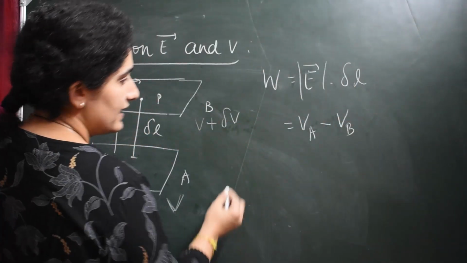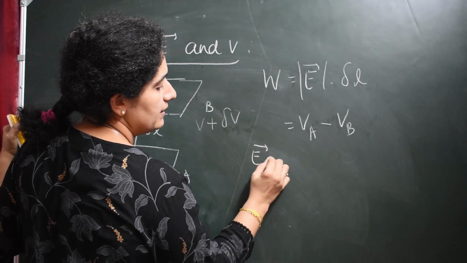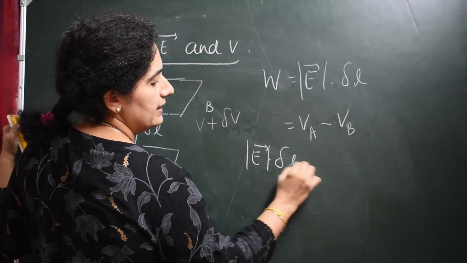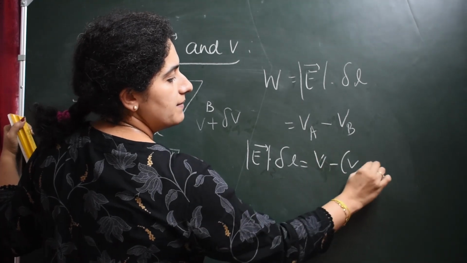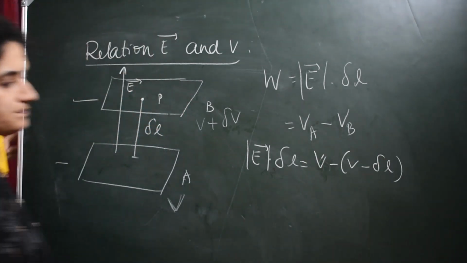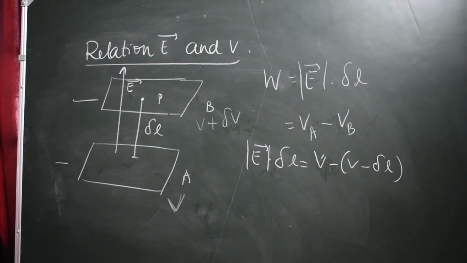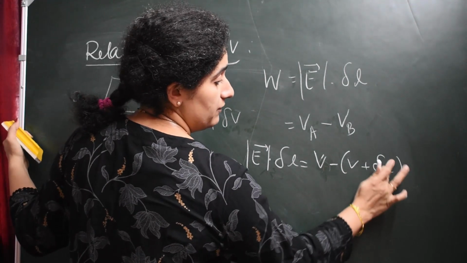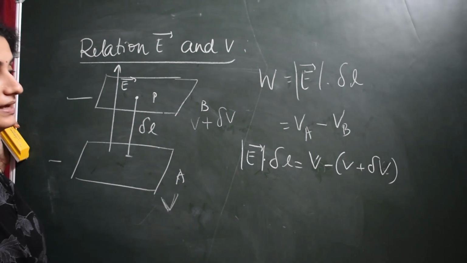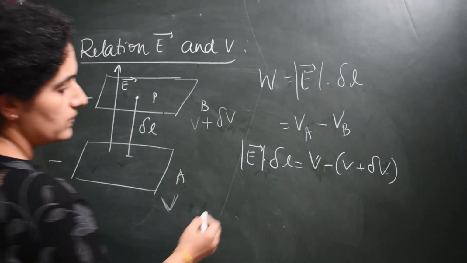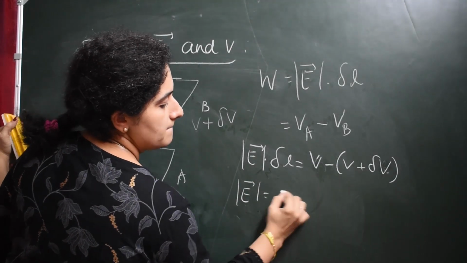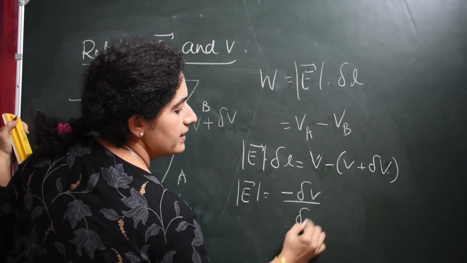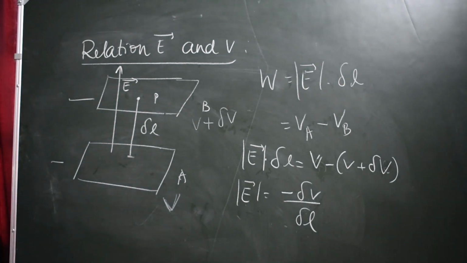So we will get E dot delta L is equal to V minus, sorry, V plus delta V. So this E will be equal to minus delta V divided by delta L. This is the relation between electric field and the potential.